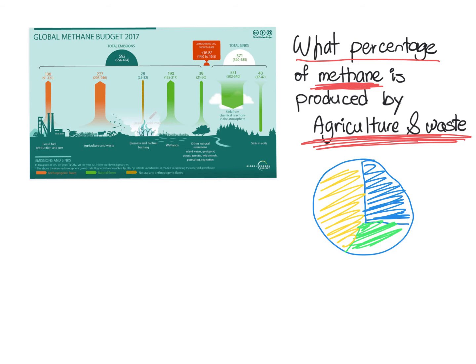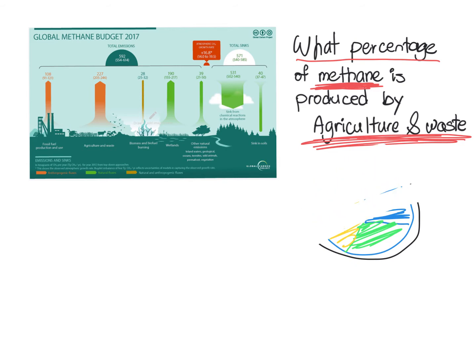But what portion of that is produced by, once again, agriculture and waste? So first of all, we need to find out the size of the pie. We want to know how much methane is produced, and that can be seen by looking at the arrows that are pointing upwards in this diagram. Burning fossil fuels or fossil fuel production and use produces methane.